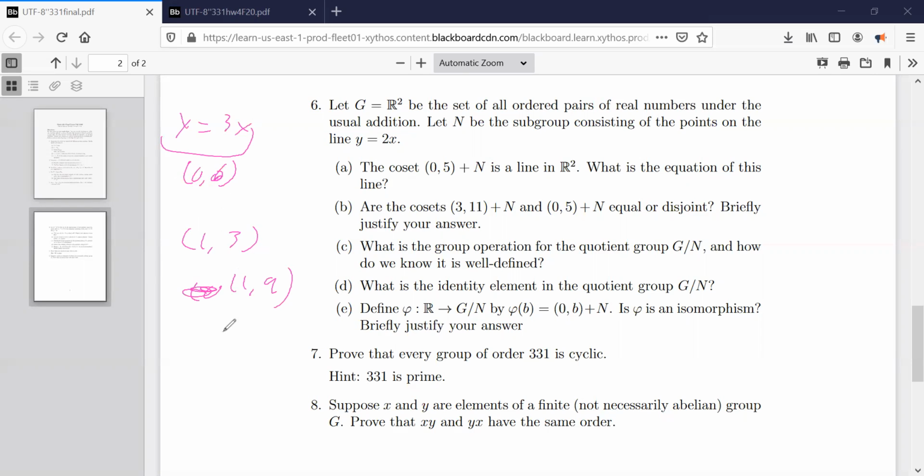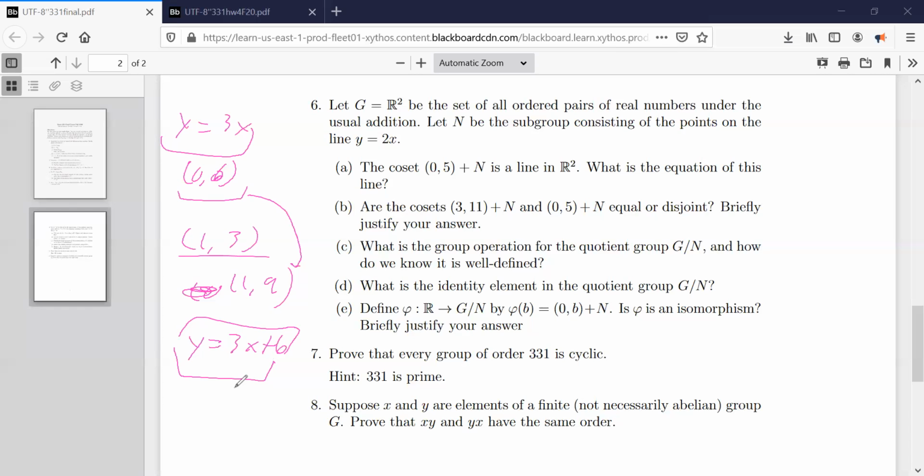Exactly. Cool. So what is going to be the equation of the line that links these two guys? So is it like y equals 3x plus 6? Exactly. That's going to be the general form of the line that we're dealing with here. Anything in this new coset is going to be of this form. Does that make sense?